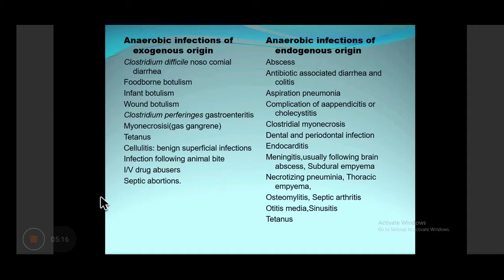And anaerobic infections which are endogenous in origin are the antibiotic associated. What are the antibiotics? You should know. Aspiration pneumonia. What is aspiration pneumonia? Anyone? Please respond. What is aspiration pneumonia, or what are the risk factors for aspiration pneumonia?